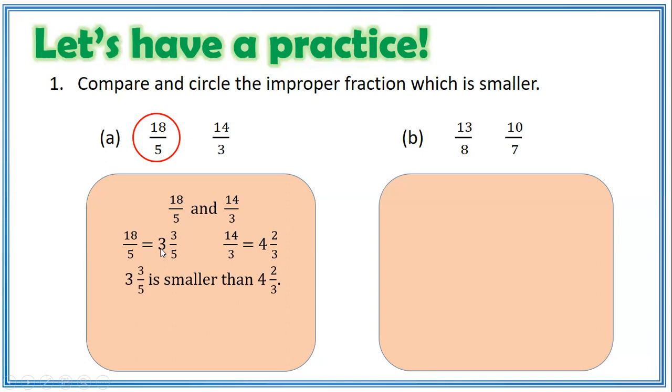And we all know that 3 is smaller than 4. So 3 and 3 out of 5 is smaller than 4 and 2 out of 3. So therefore, 18 out of 5 is smaller than 14 out of 3.